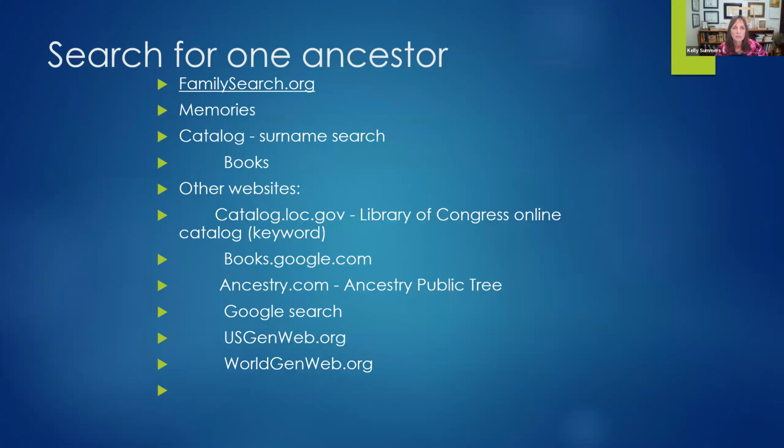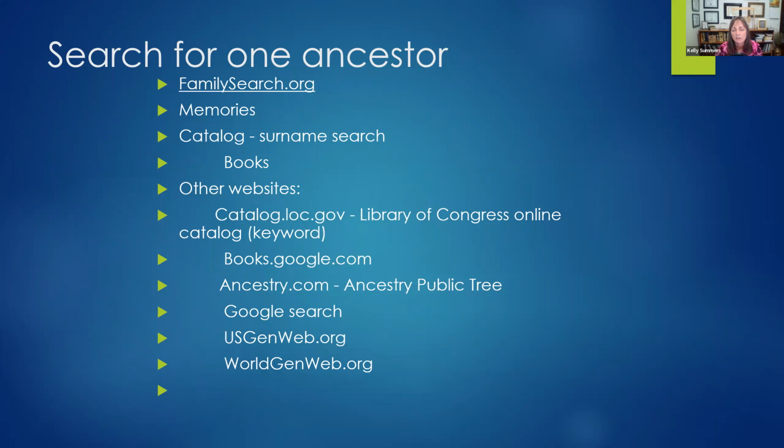Okay, so this is a review of what we've done so far today. We went to FamilySearch.org. We looked at the memories section for documents. We looked at the FamilySearch catalog and did a surname search and may have added a place search. We also looked at the digitized books on FamilySearch. Next, we looked at the Library of Congress.